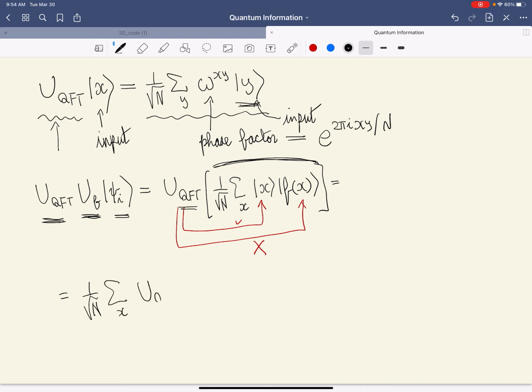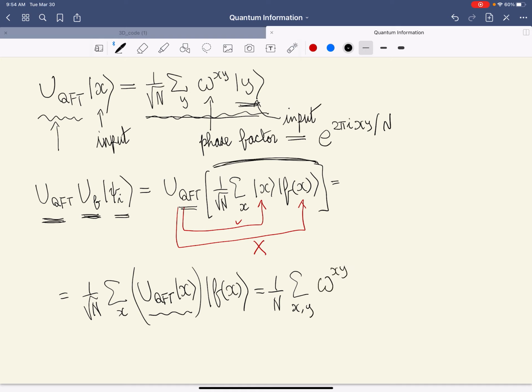UQFT acting on the x multiplied by the output register state. But this is given by that because that's the definition of QFT. So now I'm going to end up with a double sum both over x and y, and the result is going to be like that.